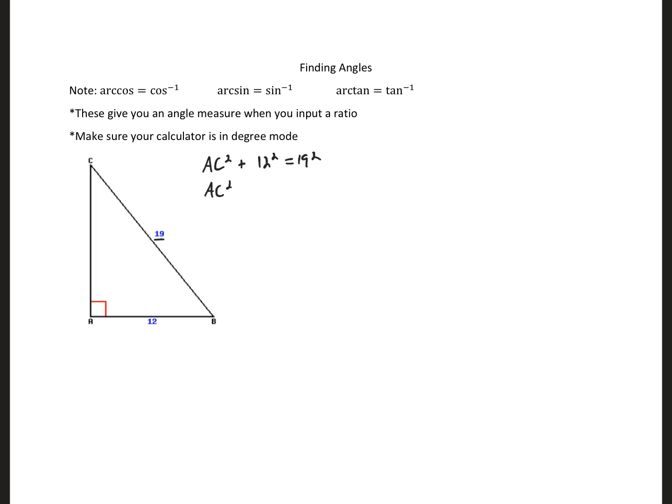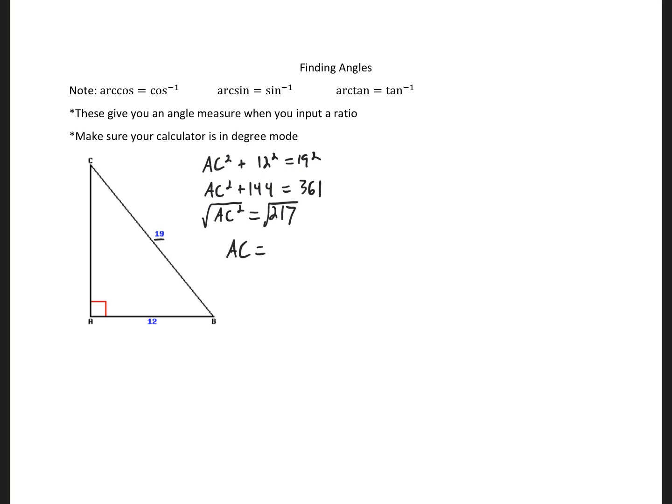So AC squared plus 144 equals 361. If we subtract 144 over, AC squared equals 217. So we need to take the square root.